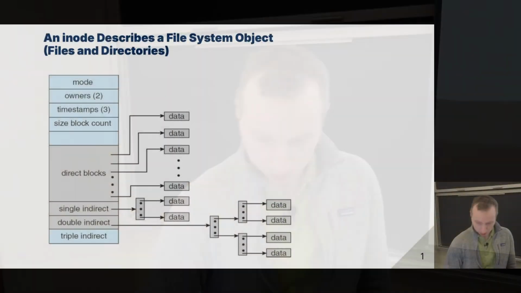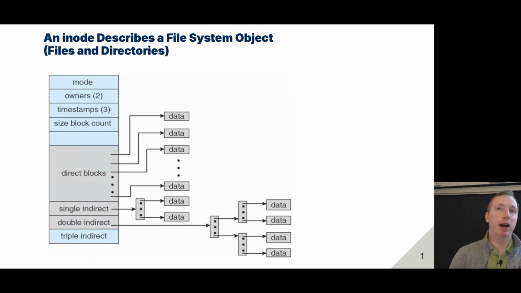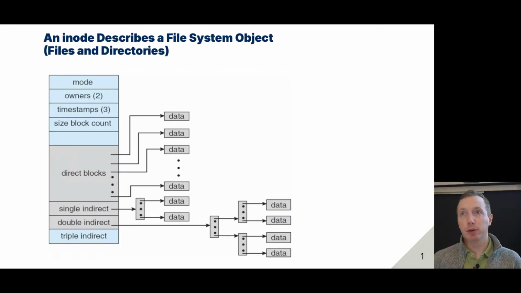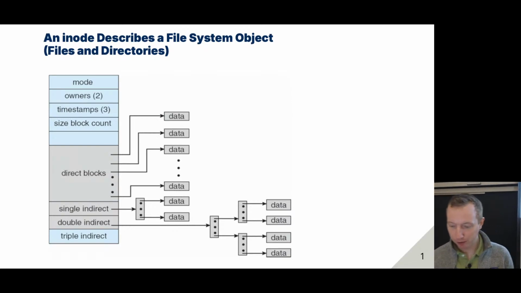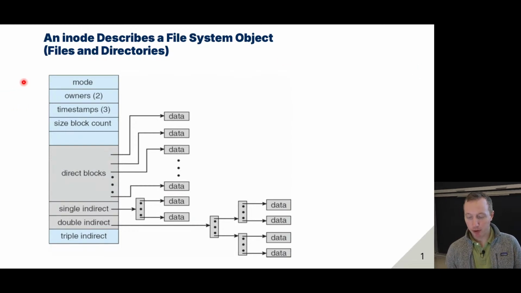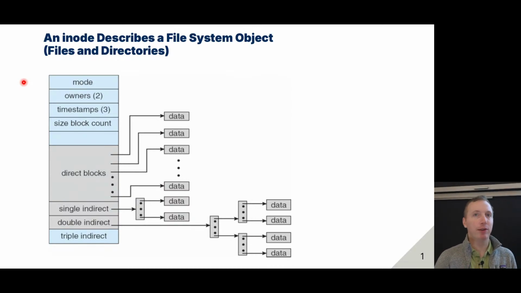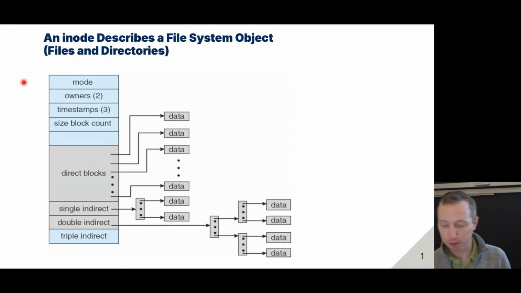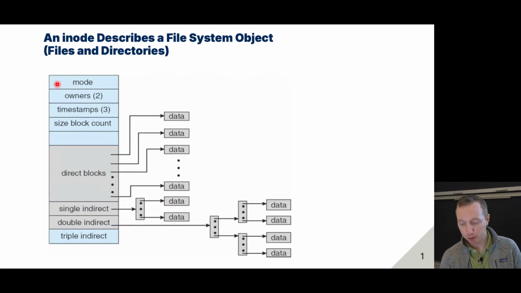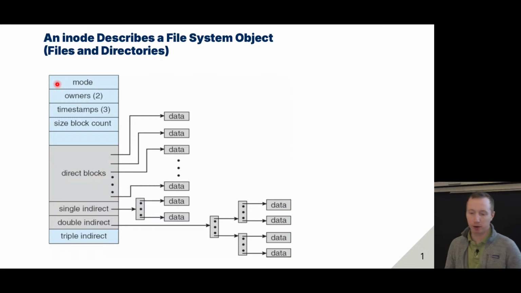So first off, an inode is how the kernel represents a file in your file system. An inode is basically just a big C structure with a whole bunch of things on it. It needs to point to the contents of the file, but it also needs to store some metadata about the file. Some things an inode would store are the mode, so can you read it, can you write it, can you execute it?